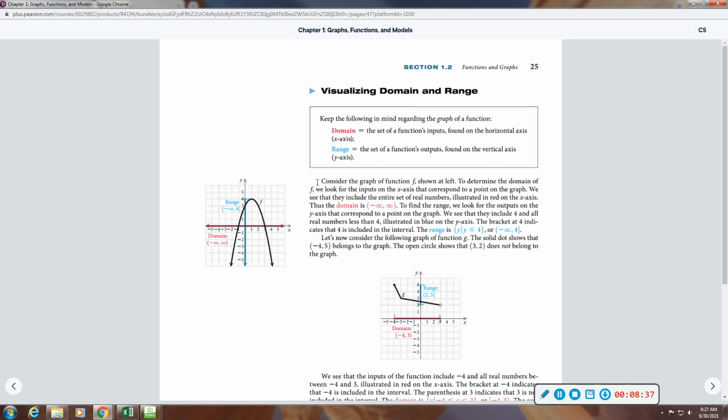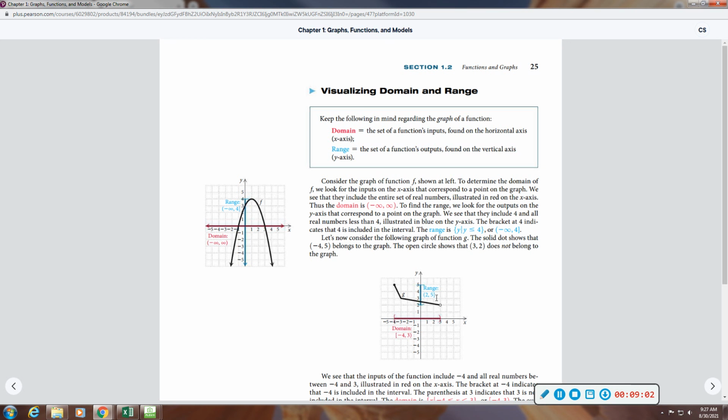And then we just have some graphs where we want to visualize domain and range, where we can see it, and then we write out domain and range from the graph. Again, like from a number line, this solid circle means that point is included, so they use a bracket here, a square bracket. We start at -4. So this graph goes from -4 all the way over until it gets to 3.